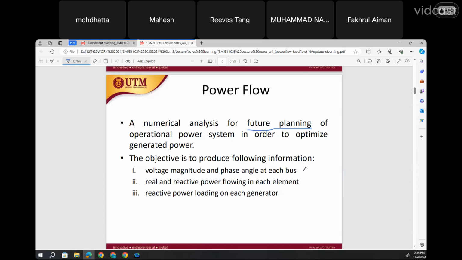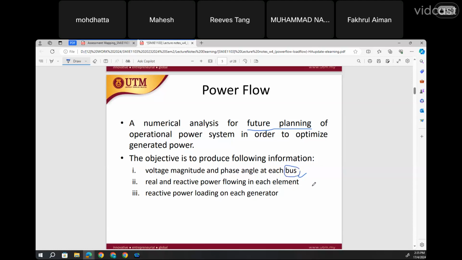We need to know what is the voltage magnitude at each bus. So that's why it's good if you watch the video before this class, because some of the keywords over here may be new to you. For example, bus. This is not school bus.